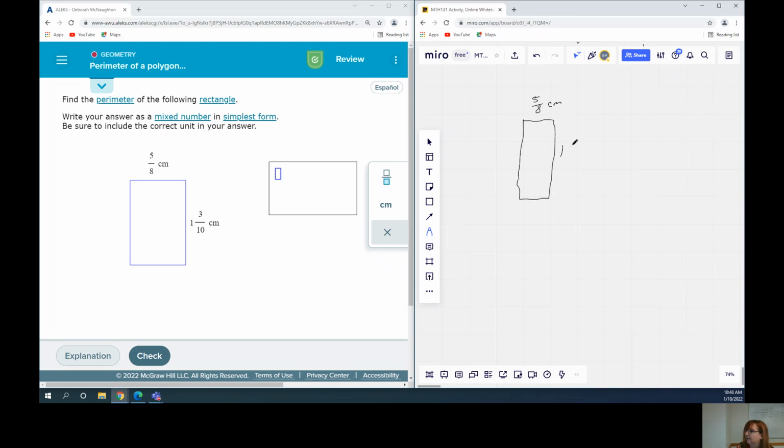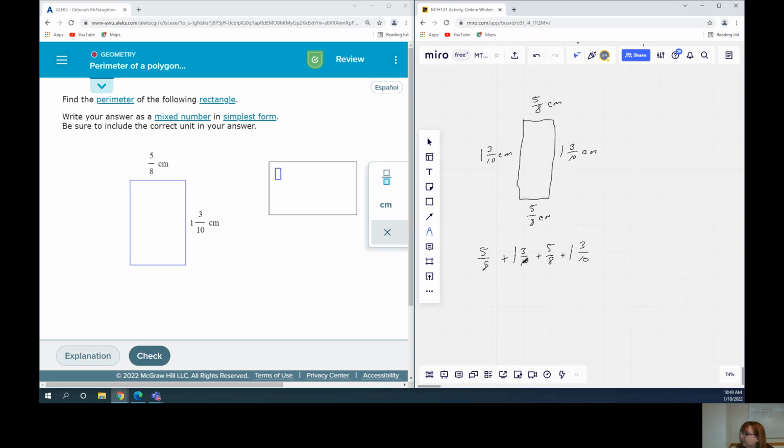This side is 1 3/10. This side is also 5/8. And this side is 1 3/10. So we're going to add all the sides together: 5/8 plus 1 3/10 plus 5/8 plus 1 3/10.